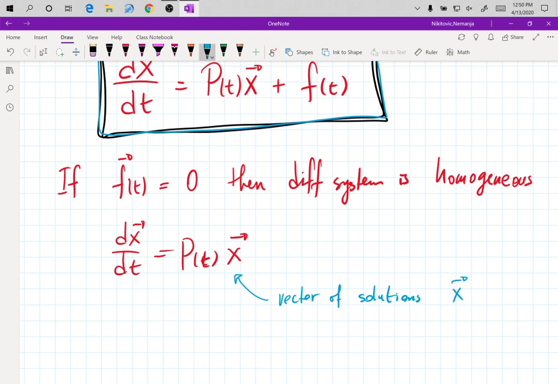The x bar is the vector of solutions. It's x1, x2, x3, all the way to xn. Those are all functions of t. I'm cluttering it now, but it should be understood because we are not dealing with numbers now, we're dealing with functions.